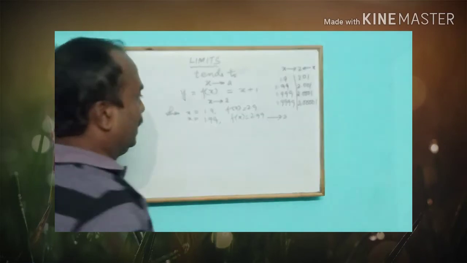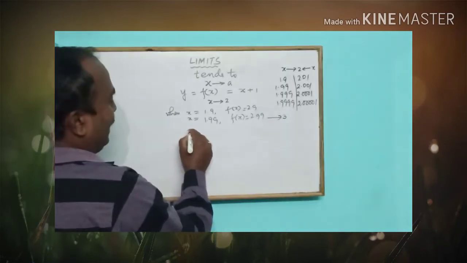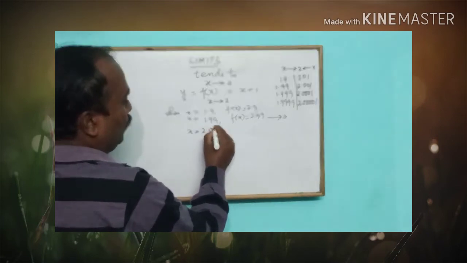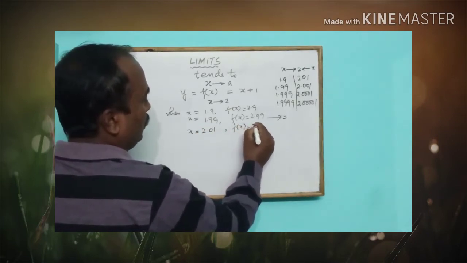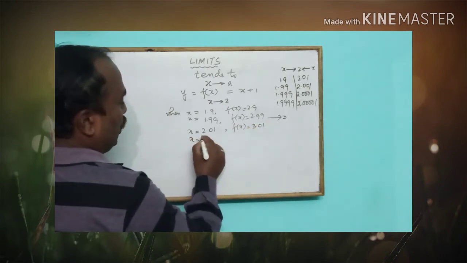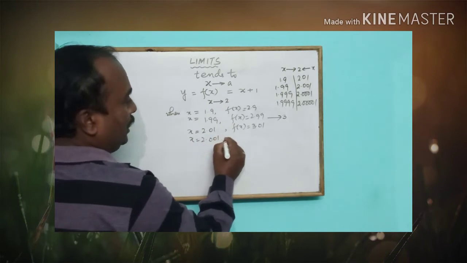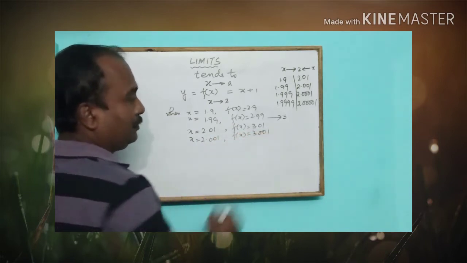Isn't it? Next, if I see these values, when x is 2.01, then f(x) is 3.01. When x is 2.001, then f(x) is 3.001.